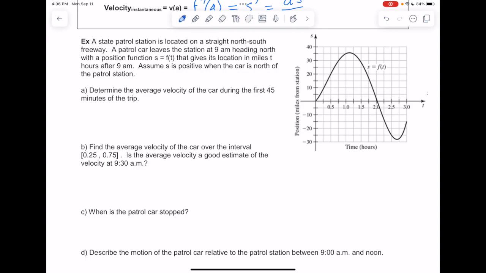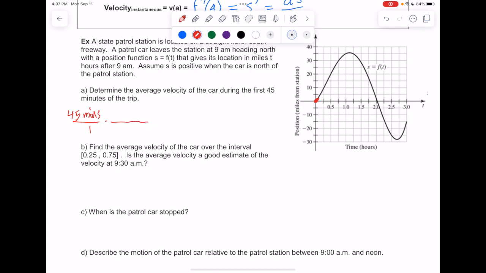All right, so the first 45 minutes of the trip would be from here to 45 minutes. First of all, let's think about that. 45 minutes is 3/4 of an hour, because 45 minutes over 1 times 1 hour over 60 minutes, we get a cancellation of the minutes there, and that leaves us with hours, but 45 over 60 is 0.75.